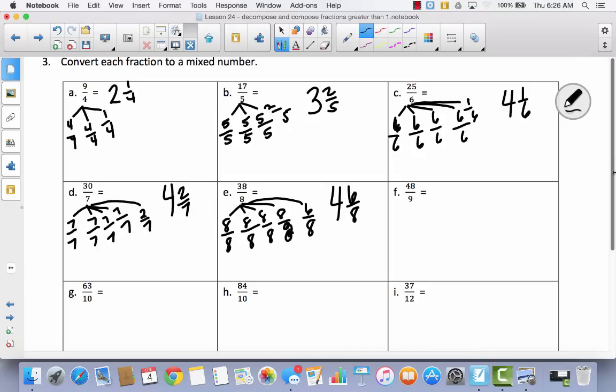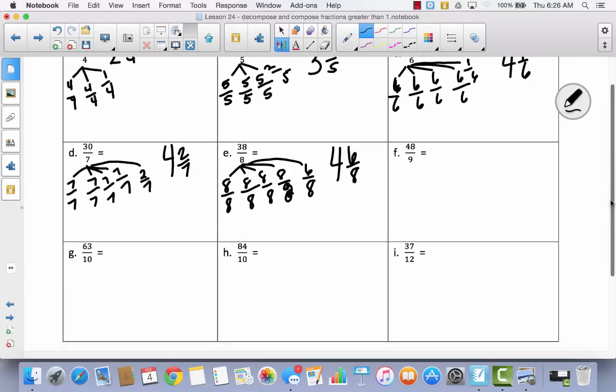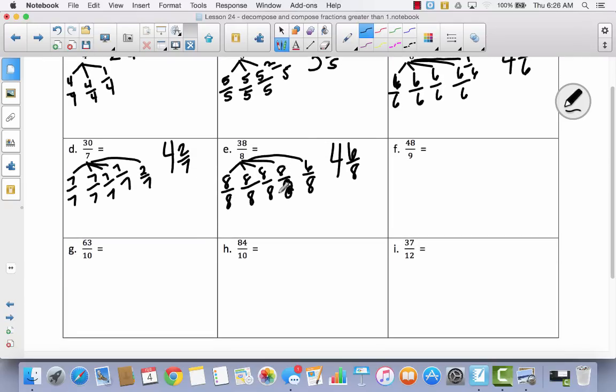Okay, if you're having trouble counting by these numbers, you can always use your multiplication chart. If you just went right straight down the row, you could see how many eighths you would have in 38. It's kind of like division. So if I've got 9 ninths, and then if I did another one, this would be 18 ninths, and then I can do 27.